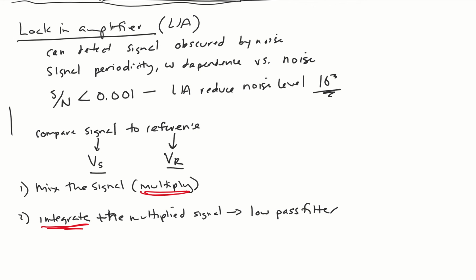And the important thing here is when you're multiplying and then integrating your signal versus a reference, the truth holds that Vs times Vr, and if you take the integral, it will equal 0 only when they're at the same frequency.